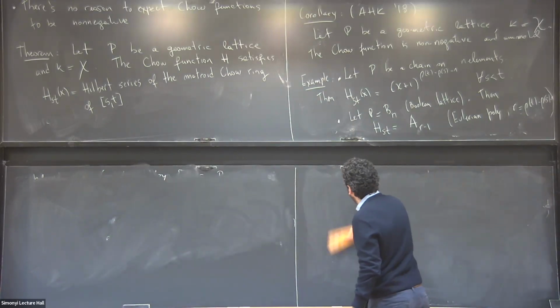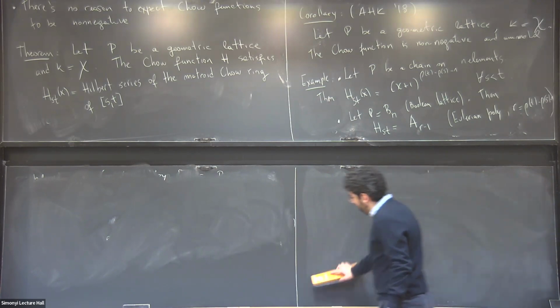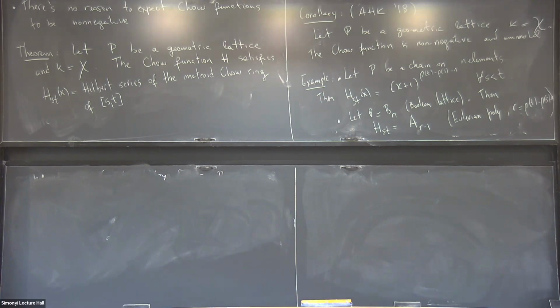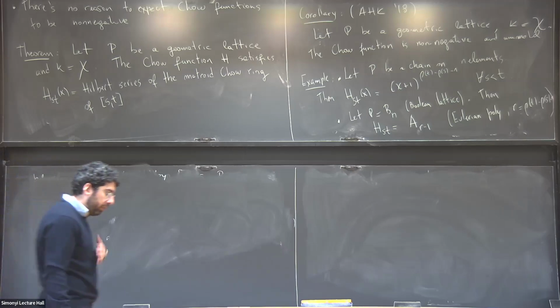I'm confused. For which posets did you show us before that f is non-negative? For the three examples that I told you before: geometric lattices and the characteristic polynomial, face posets of polytopes and x minus 1 to the something, and Bruhat intervals of Coxeter groups with R polynomials. In the three cases, f is non-negative. In the first case, it's one of the main results of the singular Hodge theory paper.